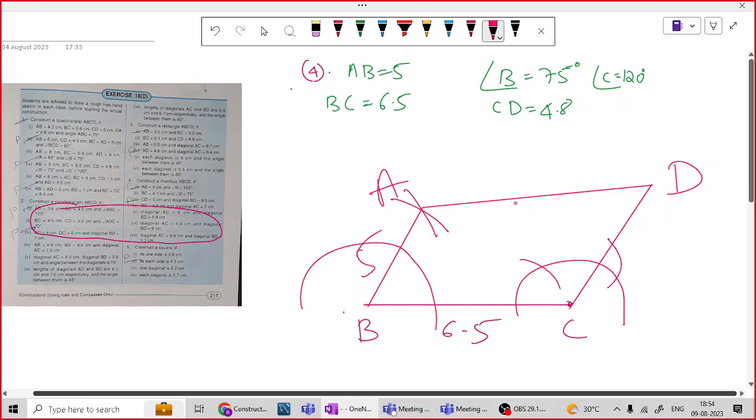Your output should be like this. Write 120 here, write 75 here, and write all the values. CD is 4.8 and AB is 5. Write centimeters, 5 centimeters.